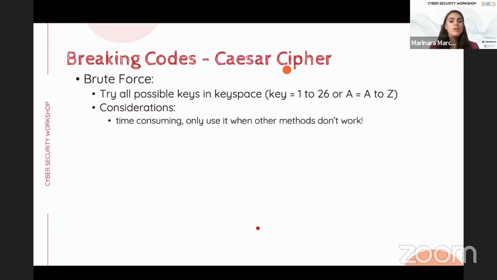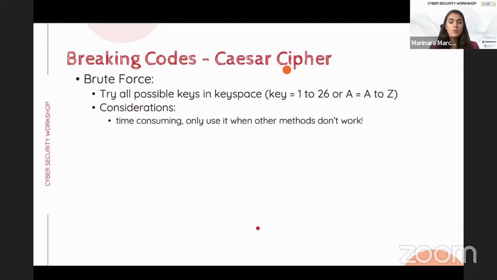So with brute force, using a Caesar cipher, that means that there's only 26 letters in the alphabet, right? So your key can only be a number from 1 to 26.